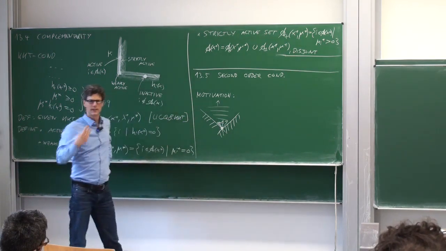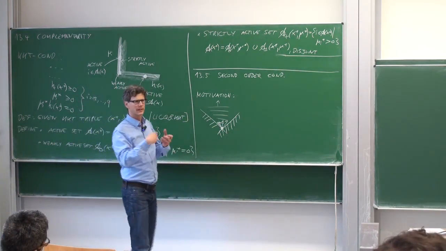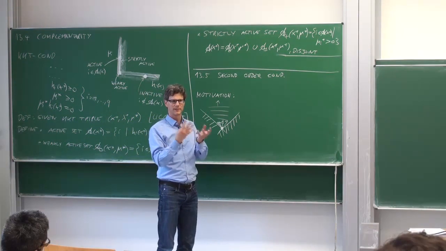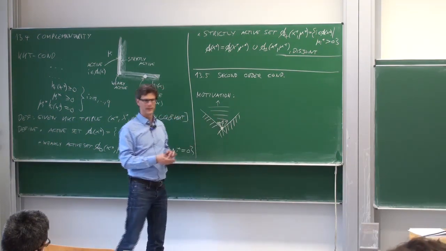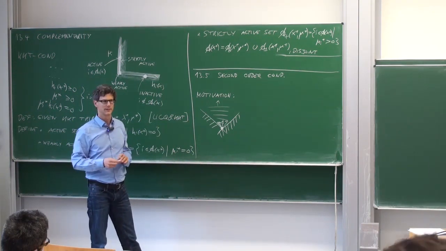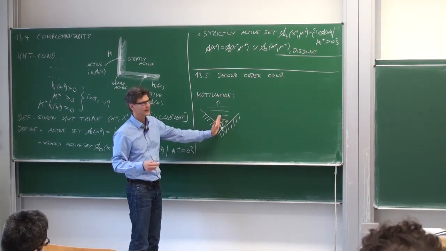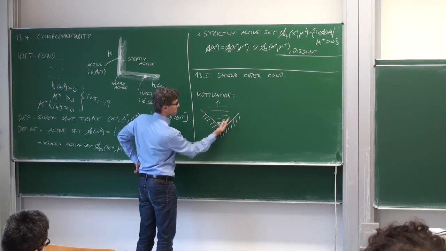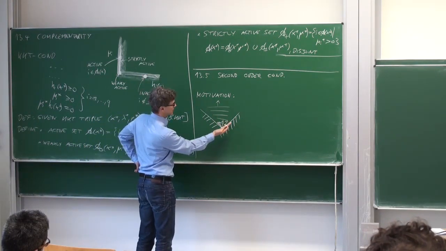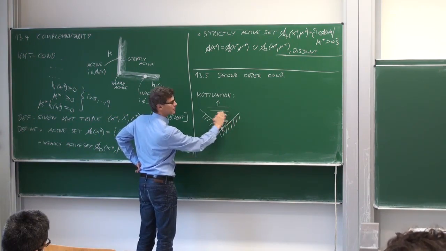If you think of equality constrained optimization, there we said the Hessian needs to be positive definite in all directions in which you can move, basically in the directions of the tangent cone. But if you look at all these directions here, you see that even up to first order, you go uphill with respect to that objective.